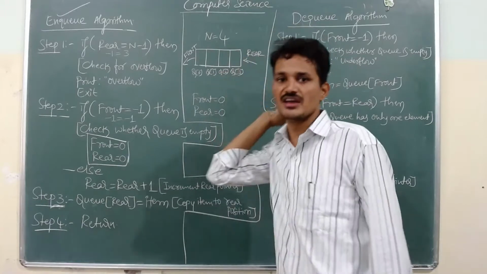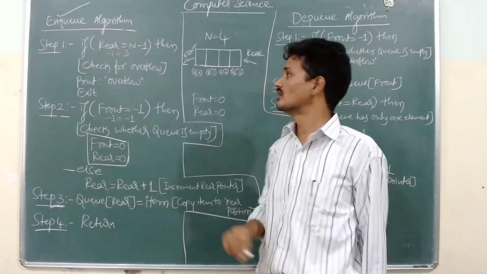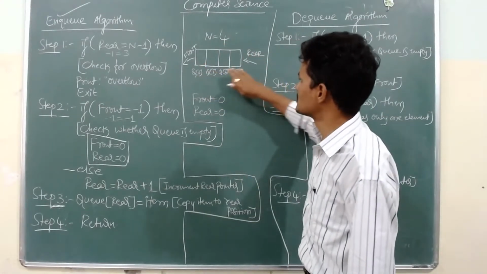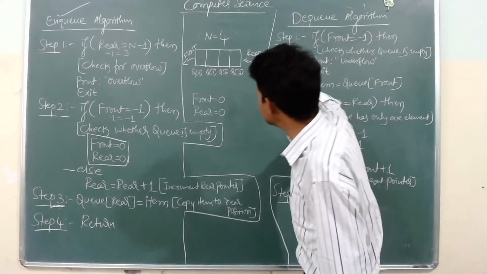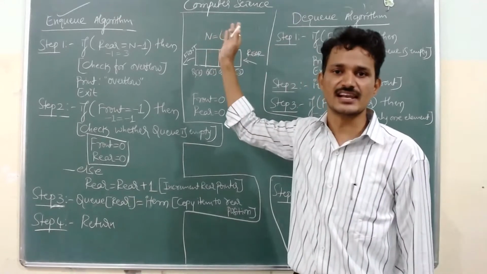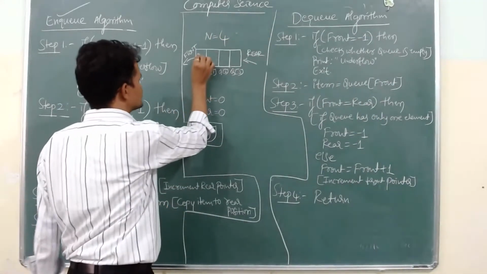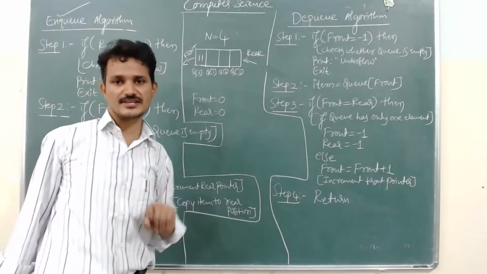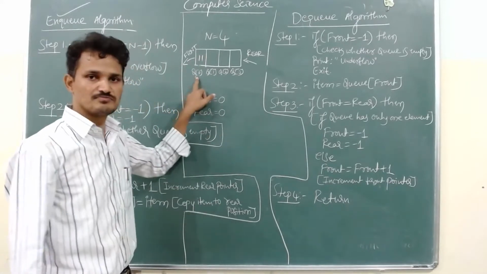Let me take you to this representation of a simple Q. Where is Q of 0? Q of 0 is here. This is 0, Q of 1, Q of 2 and Q of 3. Through this end I am inserting an element 11. That 11 will occupy the position Q of 0. That's it. I have inserted an element 11, stored in the location Q of 0.